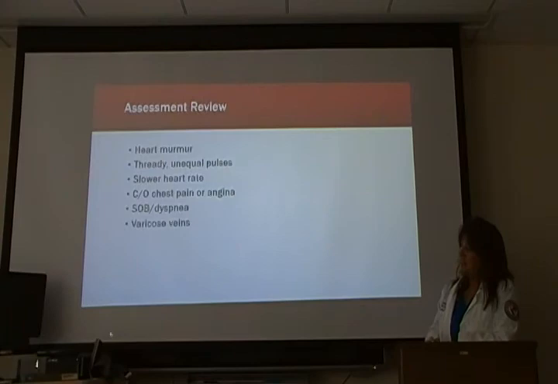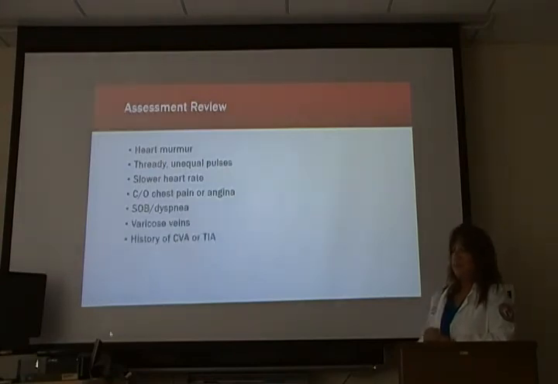Varicose veins and a history of CVA or TIA. The varicose veins are actually from atherosclerosis, which is a thickening of the arterial wall. A lot of times this is genetic. Sometimes it can be environmental, as far as, well, actually exercise, health factors.